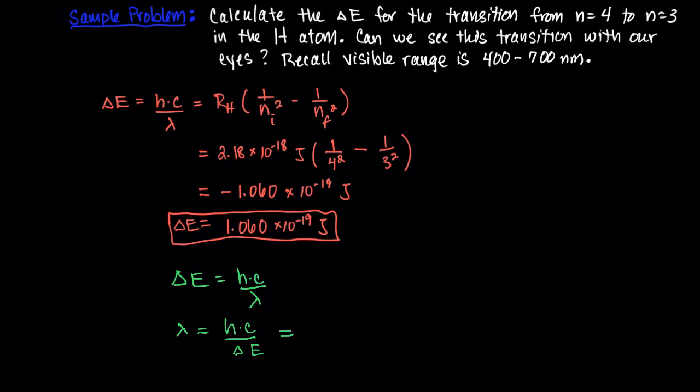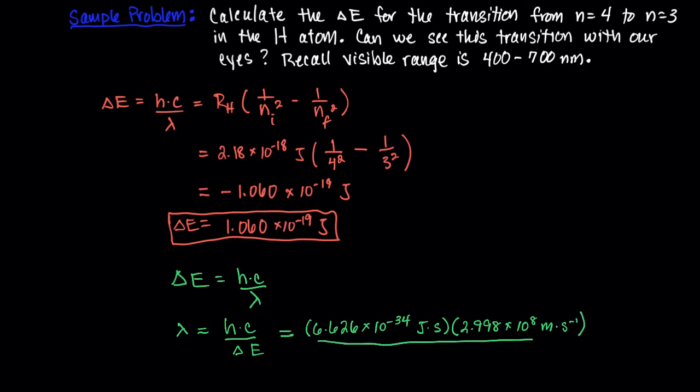Let's plug in our numbers. So recall that Planck's constant is 6.626 times 10 to the minus 34th joule seconds. Speed of light is 2.998 times 10 to the 8th meters per second. All of that over our energy, which is 1.060 times 10 to the minus 19th joules.